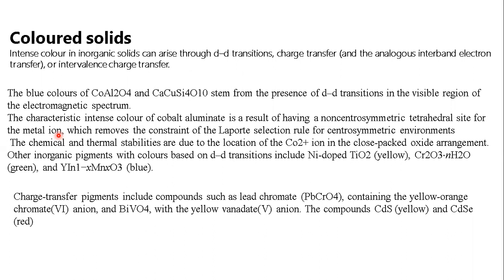I think you already know these things, but sometimes octahedral compounds also show this d-d color due to d-d transition because of vibronic coupling, vibration. A molecule's bonds are not fixed, so it vibrates. Because of vibration, the center of symmetry moves, and the compound no longer remains perfectly centrosymmetric.